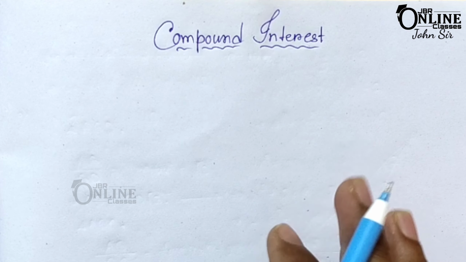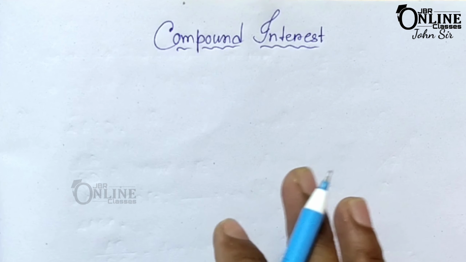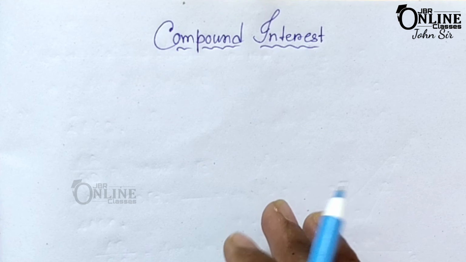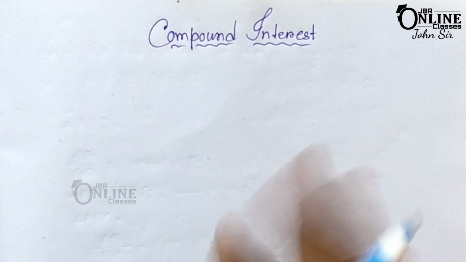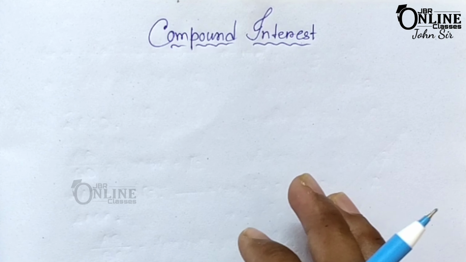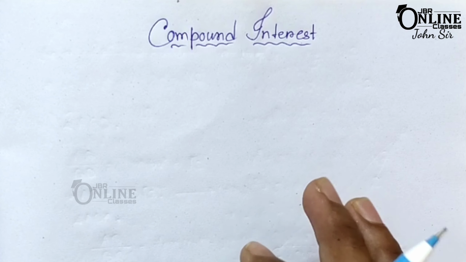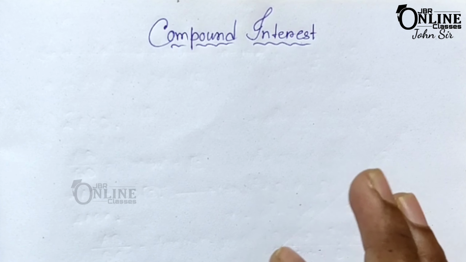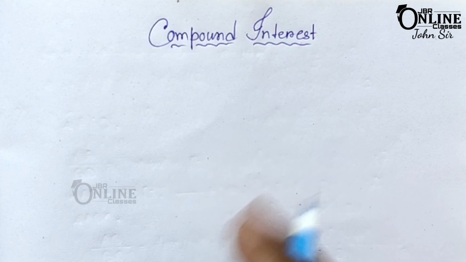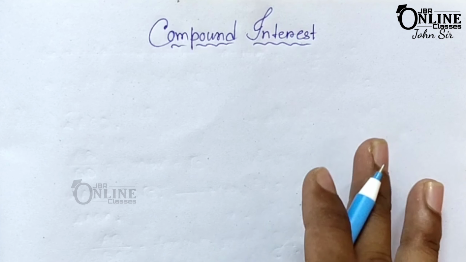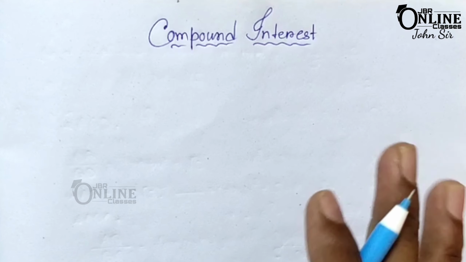Before I start the chapter or the exercise problems, I just want to give some knowledge about compound interest. First you have to know what is interest. Interest is the additional money beside the original money paid by the borrower to the money lender, suppose it is a bank or a financial agency. Now what is principal?